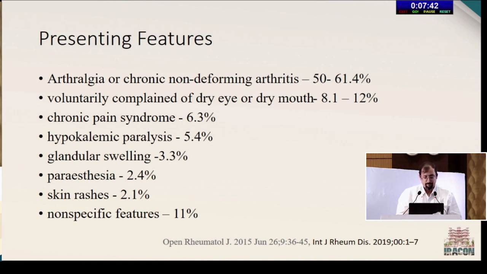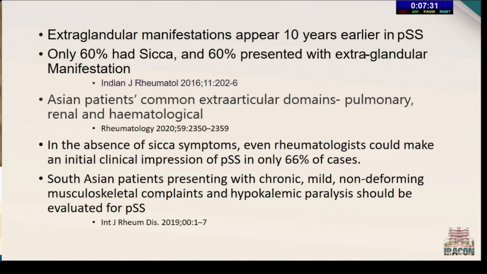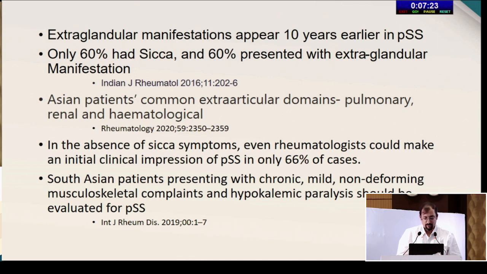About 5% patients present with hypokalemic periodic paralysis, and chronic pain syndrome is another common complaint. Now, when we talk about extraglandular manifestation, these are known to appear at least 10 years earlier than the sicca symptoms, and only 60% of patients who have extraglandular manifestations had sicca, and 60% only presented with extraglandular manifestation.